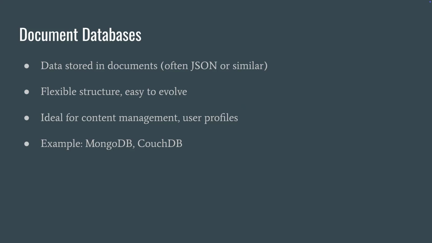Because of their flexible schema, document databases can adapt easily to changes in your data model. So if you need to add new fields to your documents or store new types of data, there's usually no downtime required to modify the schema.